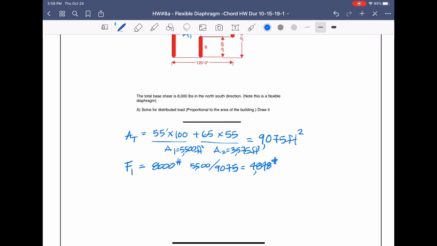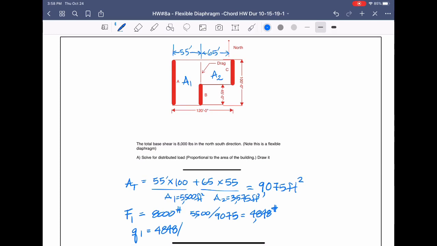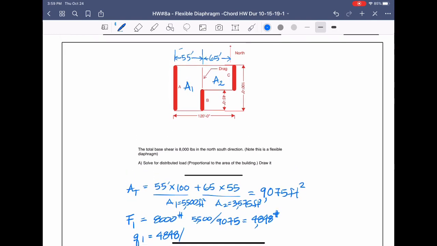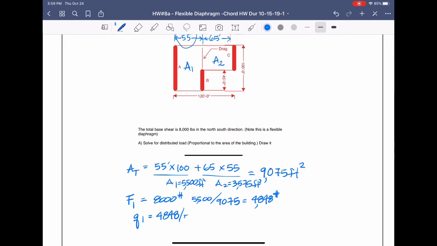And then because we would distribute it across the width, Q1 is then equal to 4,848 divided by the width of that, which is 55 feet. And you'll get 88 pounds per linear foot.